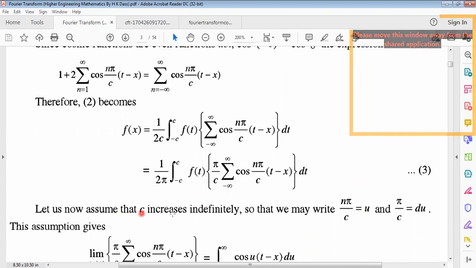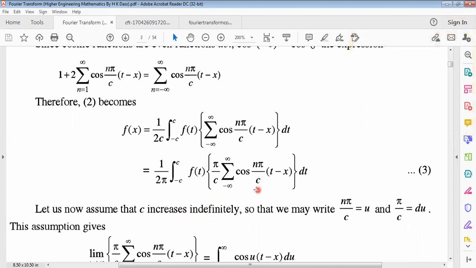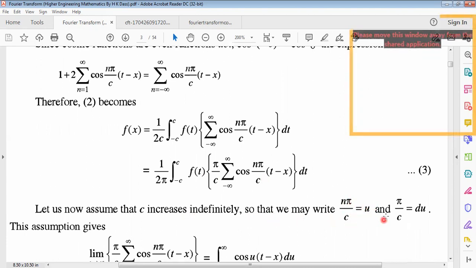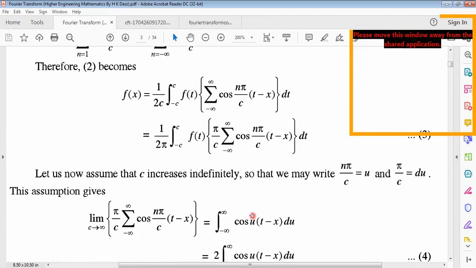Now let us assume that c increases indefinitely, so that we may write n pi by c equals u, and pi by c equals du. Okay, pi by c equals du because it increases indefinitely.